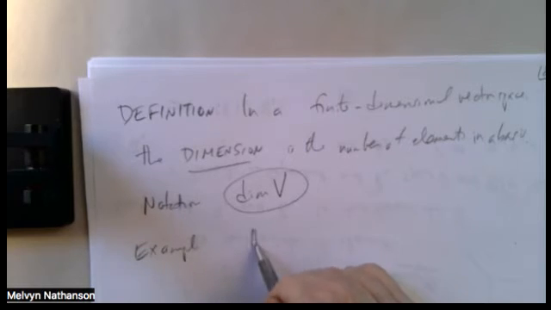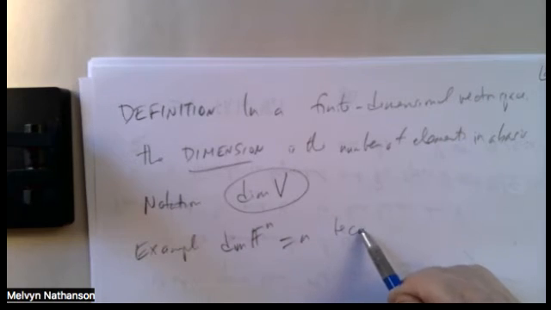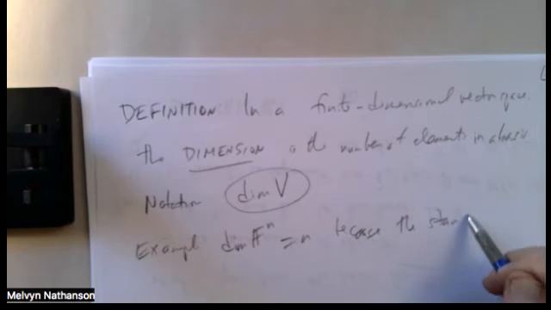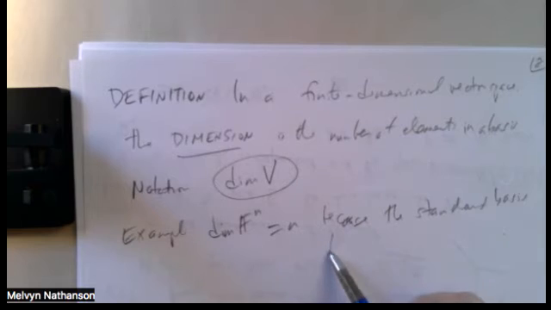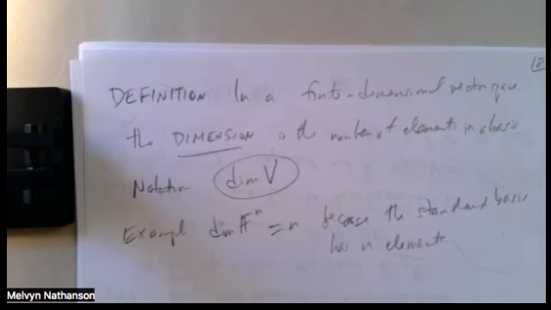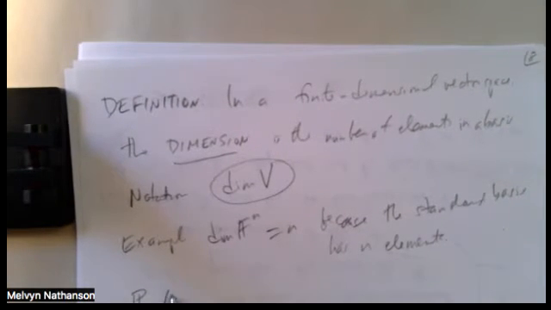So for example, the dimension of the vector space F^n is n, because, for example, the standard basis has n elements. What about polynomials? Remember the vector space P_m(F).